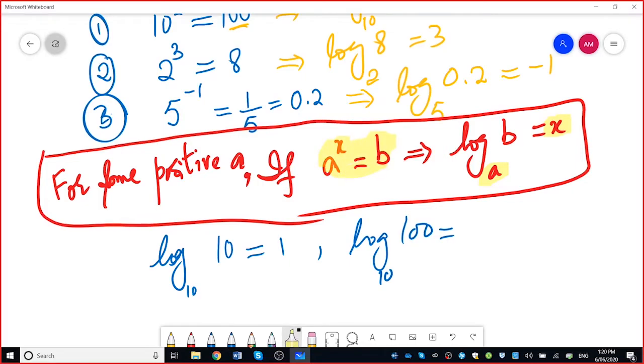I am again highlighting it. So what should be here, that you raise 10 to that and you have 100? 2. Yeah, so the answer is 2. Do you get that? Yeah, I think so. Okay. Let me ask you, what is log 1000 to the base 10?